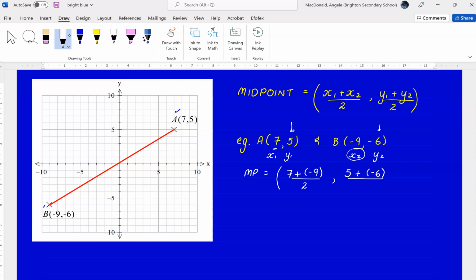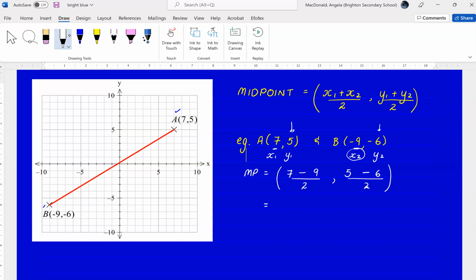I can write plus -6 like that, but we've done this so many times now, we know that when we've got a positive and a negative, different signs make a minus. So it's going to be 7 take 9, and this will be 5 take 6.